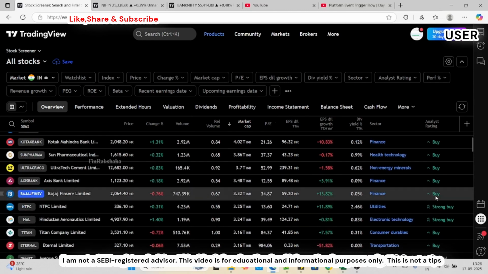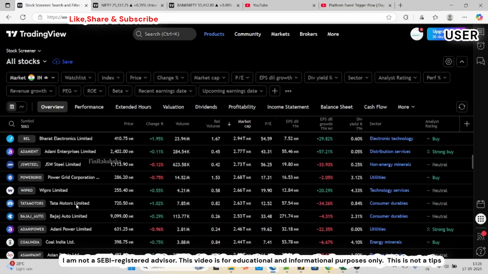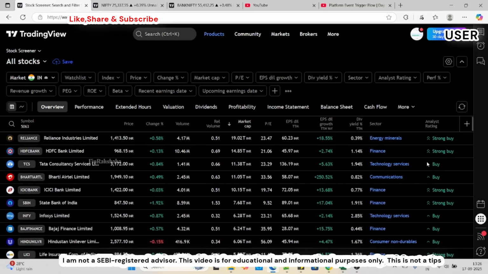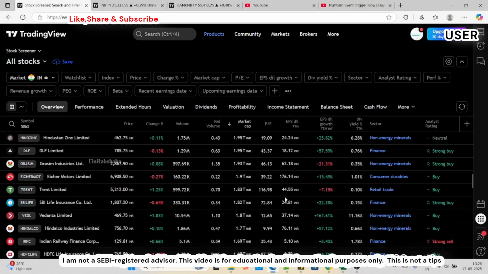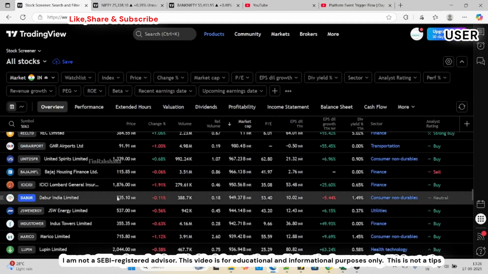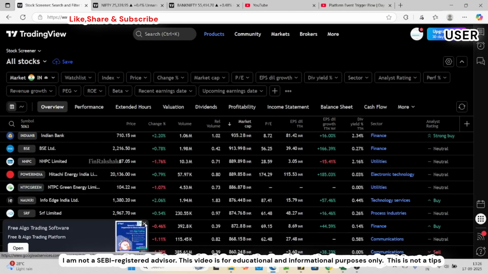You can see a buy option, but there is a strong buy for NTPC Limited. But usually people don't consider this website for input; they take decisions based on fundamental analysis only.